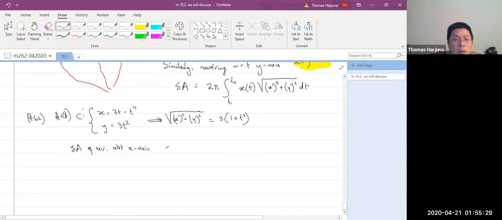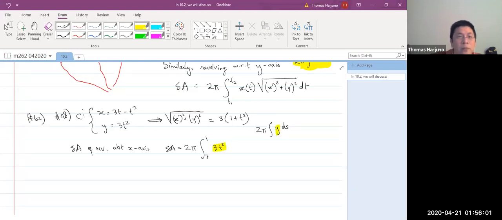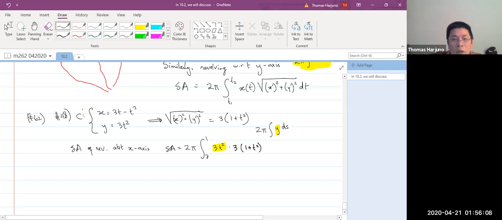So that will be surface area equals 2 pi integral from 0 to 1 of y, which is 3t squared. The formula is 2 pi integral of y ds, right? So the y is 3t squared. The ds is 3 times 1 plus t squared dt. That's my ds, which I believe you can integrate yourself.